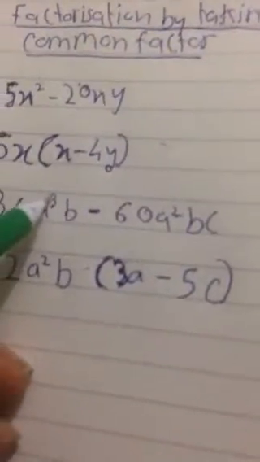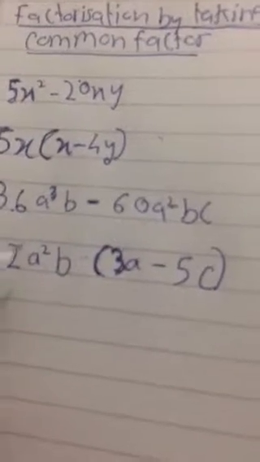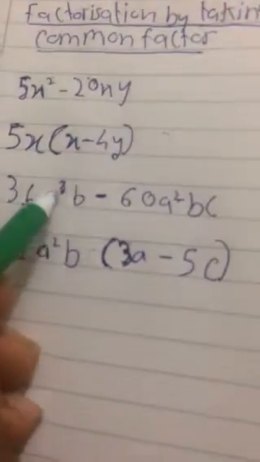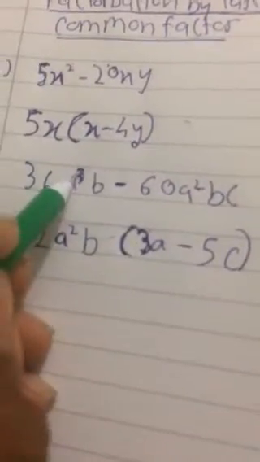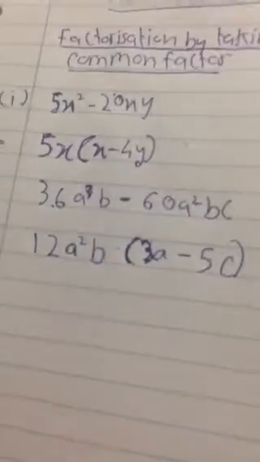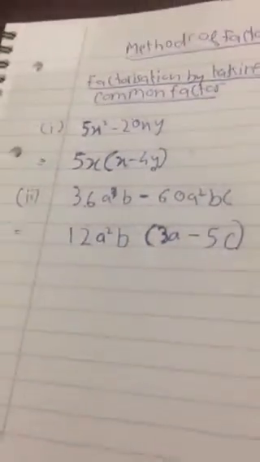And again, be sure that you take the variables very carefully. A cube b. Why am I taking a square b? It is because here it is a cube and here it is a square, so the highest degree of a which I can take is 2.